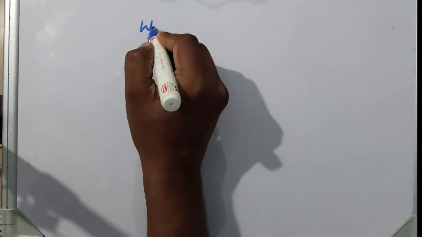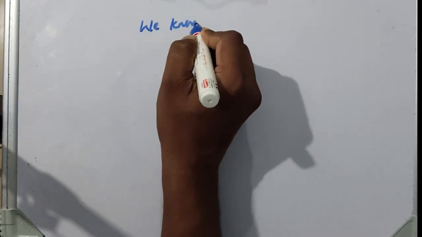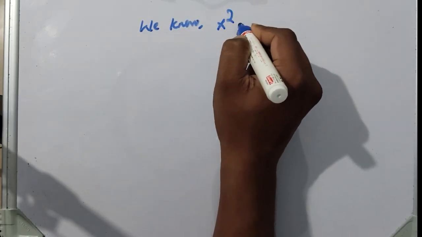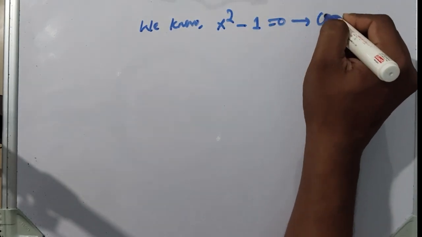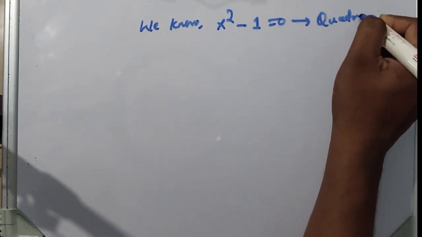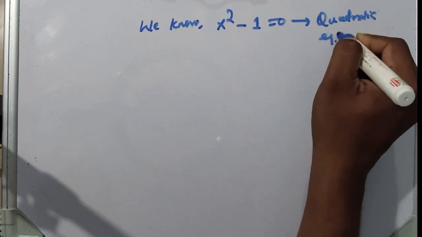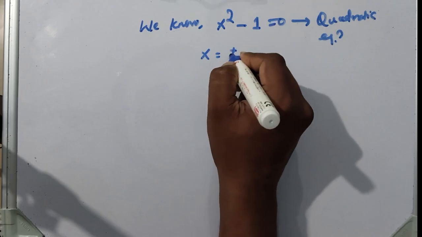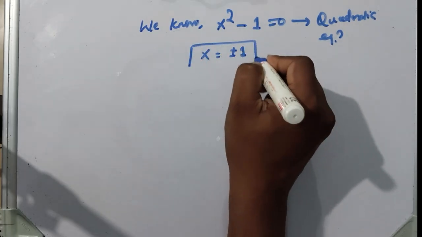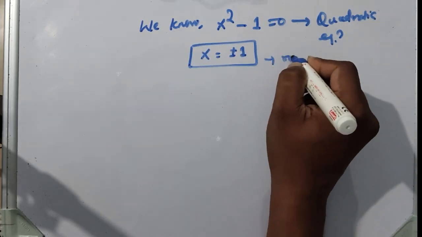Okay, we know x square minus 1 is equal to 0. This is a quadratic equation. Now x is equal to plus minus 1. This is the root of the equation.